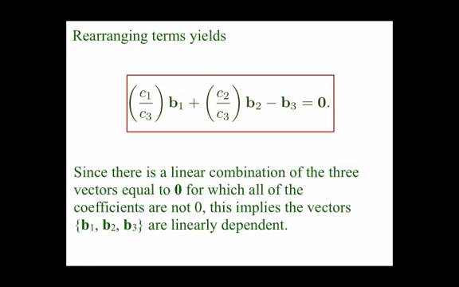And so since we can see that the linear combination above is set up such that the vectors B1, B2, and B3 are combined to be the 0 vector, and in particular B3 has a coefficient of minus 1, this implies linear dependence of the set.